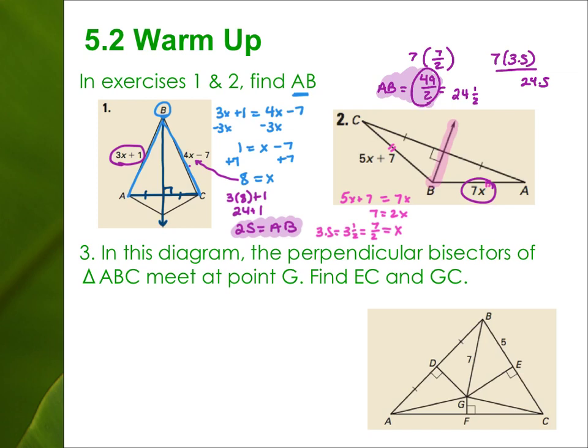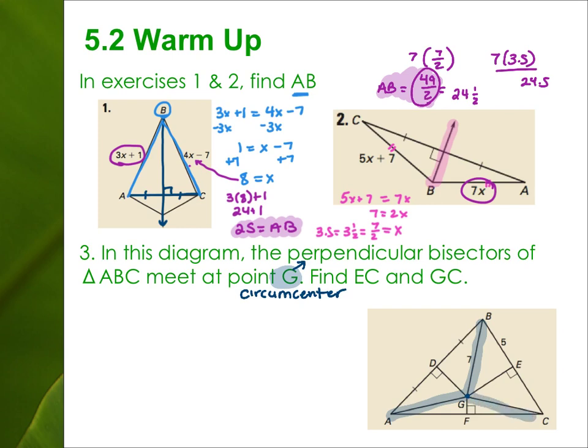Okay, number 3 says, in this diagram, the perpendicular bisectors of triangle ABC meet at point G. Find EC and GC. So what we learned yesterday is that this point is called a point of concurrency, and specifically in a perpendicular bisector, it's called the circumcenter. And the theorem we learned about this is that the circumcenter is equal distance from the vertices of my triangle.